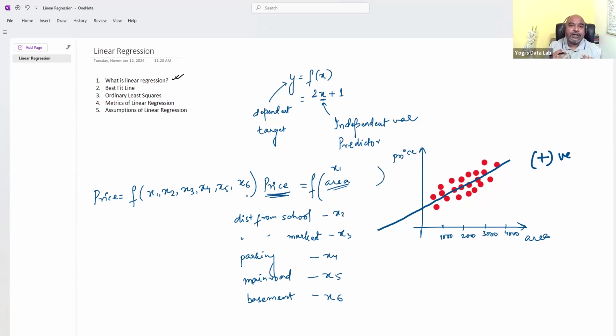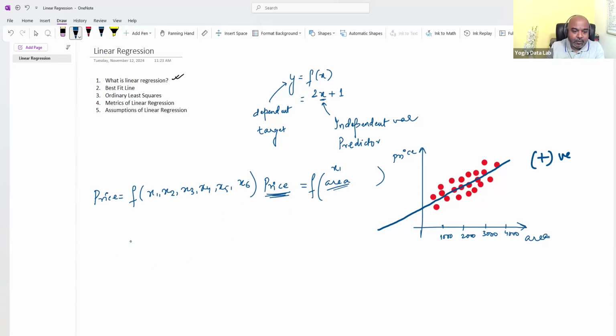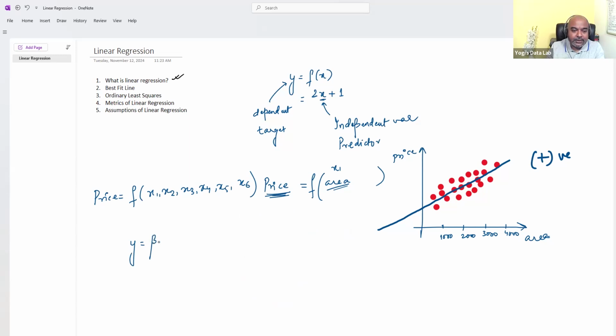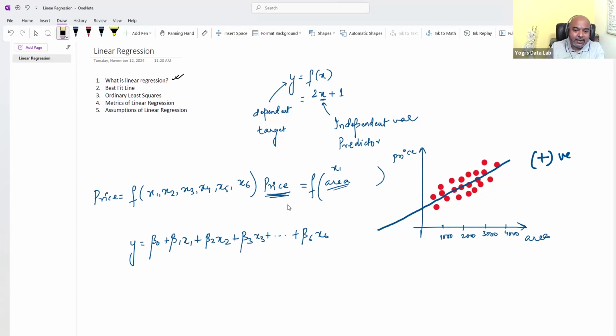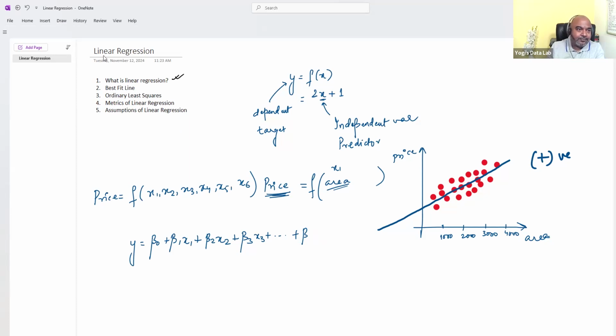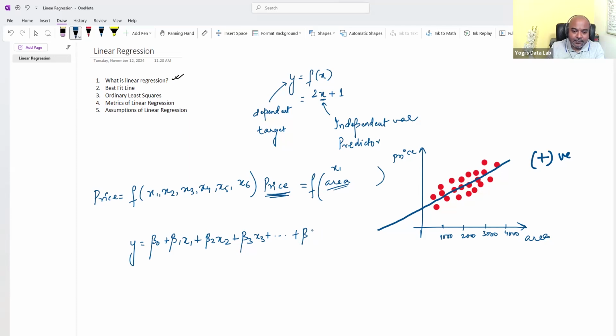So we come up with a generic equation which is given by y is equal to beta 0 plus beta 1 x1 plus beta 2 x2 plus beta 3 x3 up to beta 6 x6. If I generalize this, instead of beta 6 x6, I'll go ahead and write beta n xn.